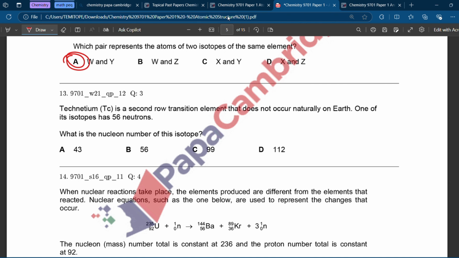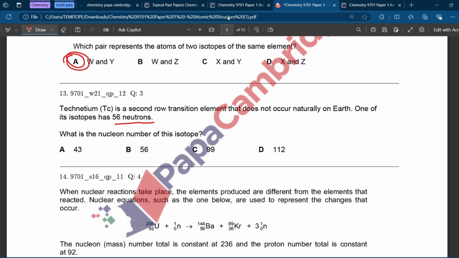And remember, if they have different number of protons, then they are different elements. So 32 and 34, because proton number is just known as your atomic number. Your atomic number is what determines your position in the periodic table. So if I have an element 32 and an element 34, they are two different elements. They are not the same element anymore. And isotopes are of the same element. And so that's why the answer is W and Y, which is A.